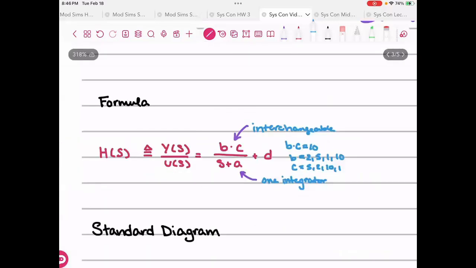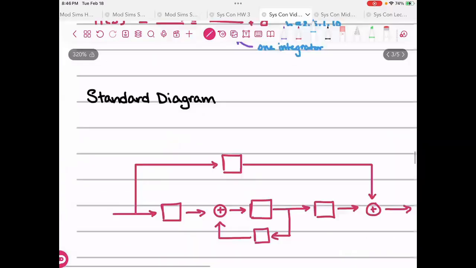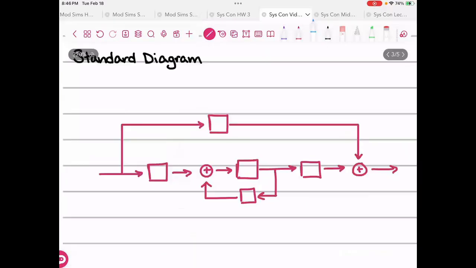The next thing we're going to take a look at is the standard diagram. So these have a bunch of components to them that Dr. Summer should have gone over in class, but you have the integrator, you have the summer, and then you also have these scaling factors.